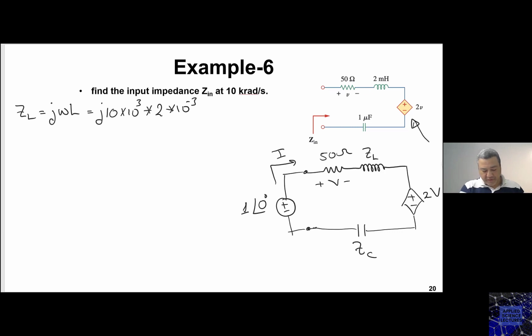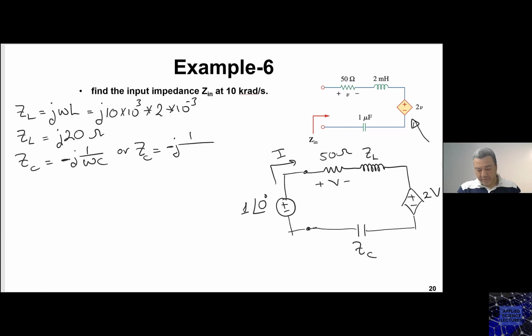So ZL is J20 ohm, and ZC is minus J 1 over omega C, with C as 1 micro, 10 to the power minus 3.